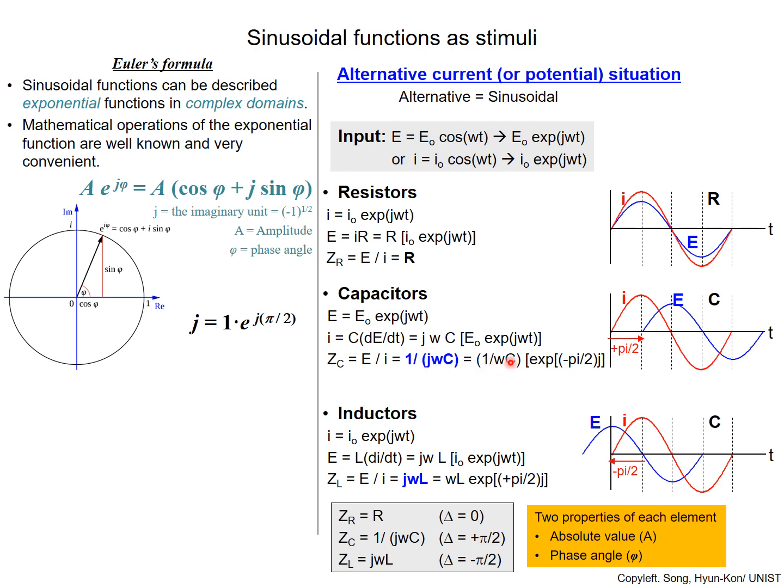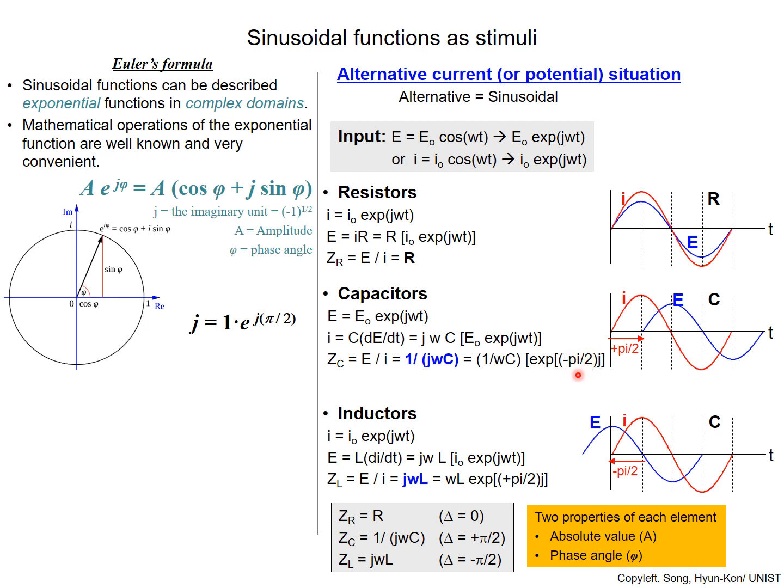Let me take 1 over omega c as a group, and then we still have 1 over j. j is exponential pi over 2, but j is in the denominator, so it is exponential minus pi over 2.